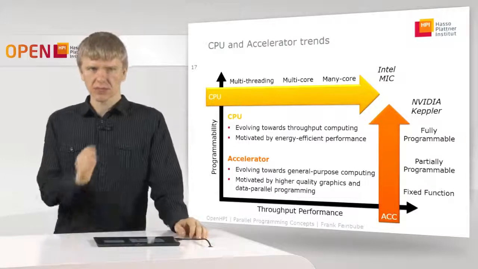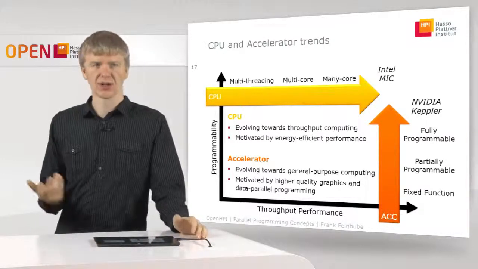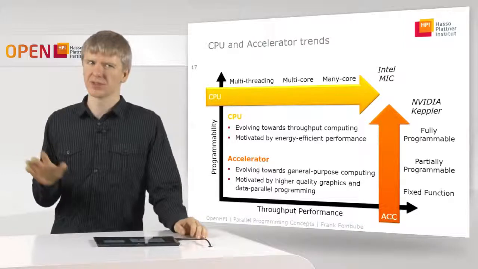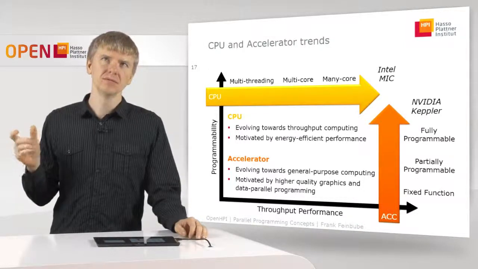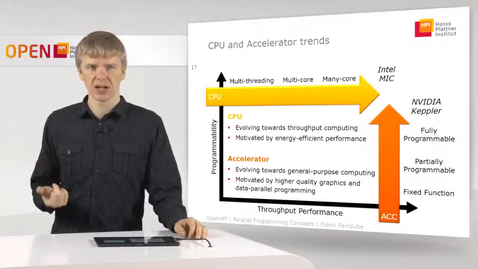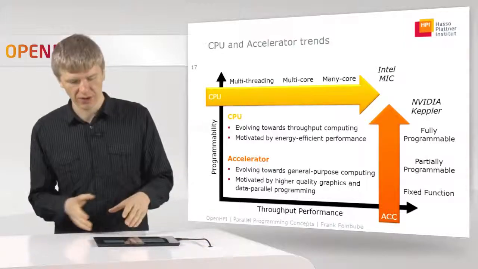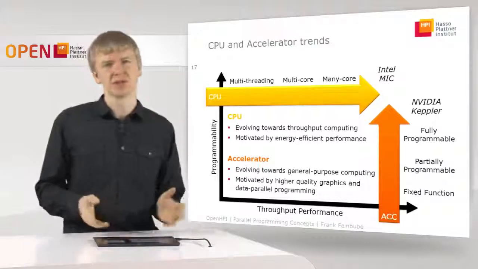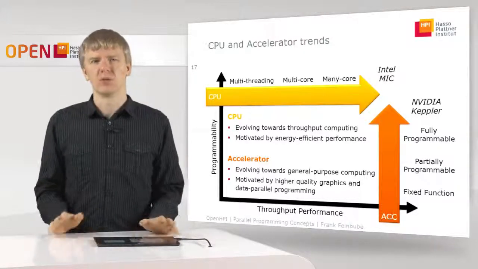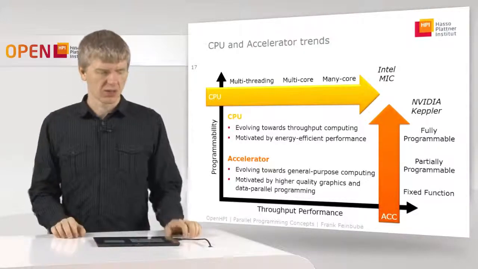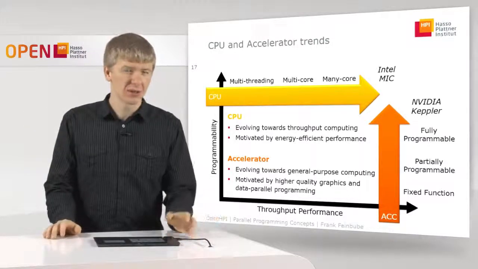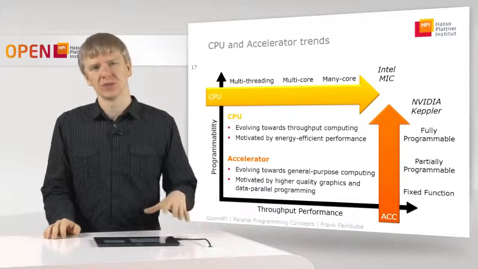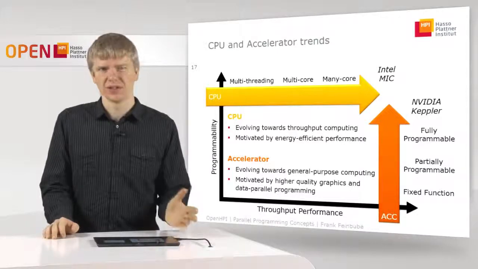We had CPUs getting more cores, and currently we are at multi-core, and we have some first CPUs that are able to do this many-core thing, where multi-core means 4 or 8 or 16 cores. Many-core starts with 50 or even more. And GPUs usually have hundreds of cores, where CPUs have today 16 max.